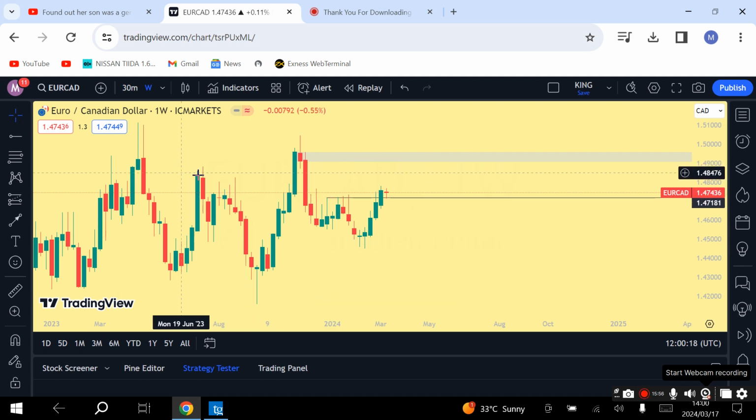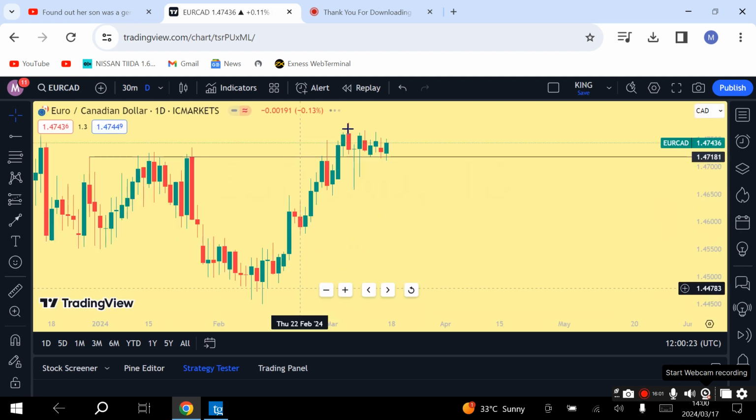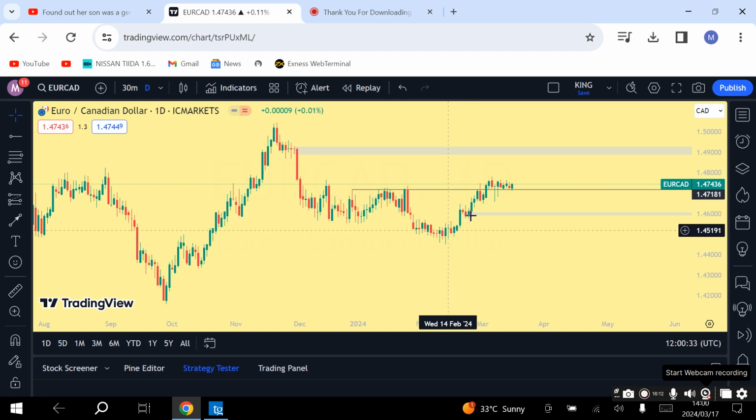It will most likely push. The same thing here on the daily. We just have your resistance. We are supporting, so I'm anticipating price to push. We are bullish. If you just look at this, we are bullish.